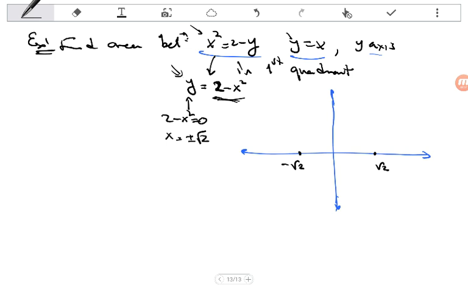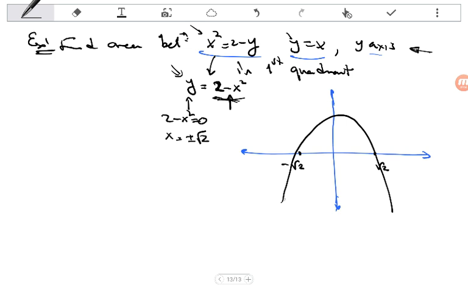Now this parabola, would it be looking upwards or downwards? It will be downwards because we have different signs for y and x. So this will be like this. Okay, I will draw all these in black to differentiate it from the blue axes.